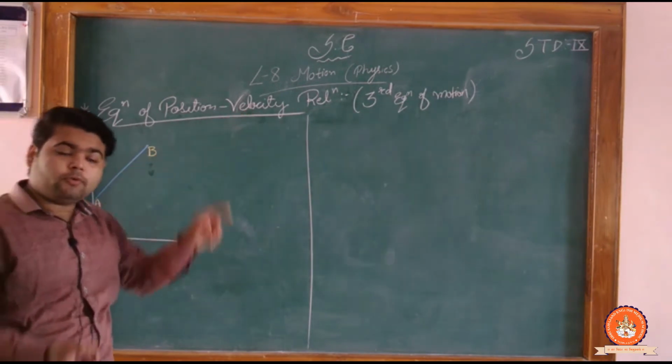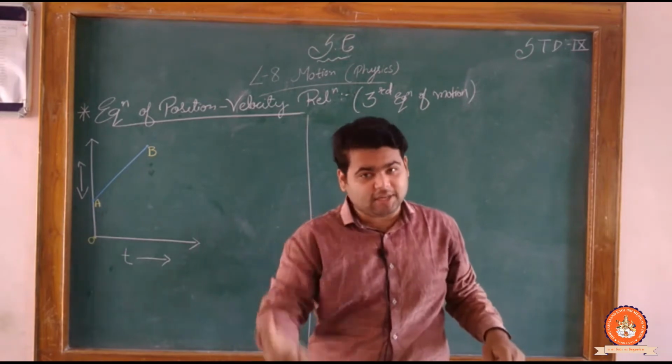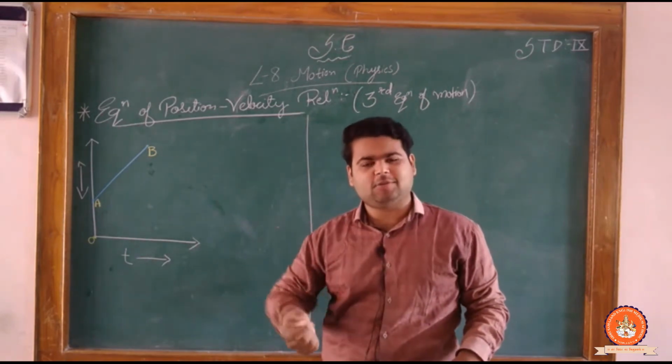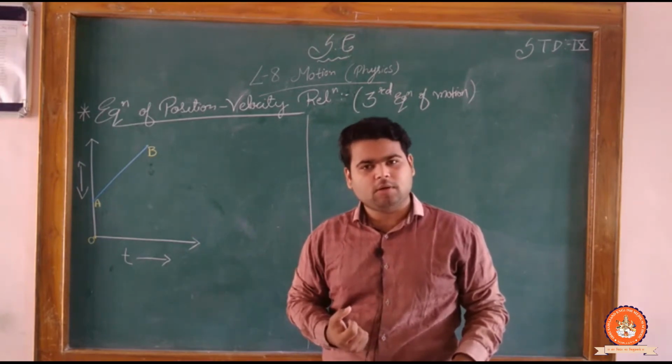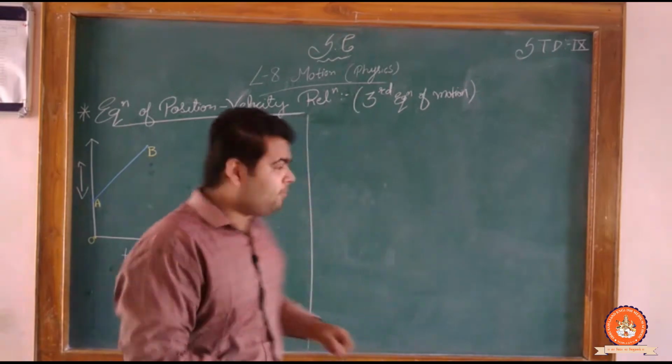Position means the distance, or the displacement. And from the graph, if you want to find the distance or displacement, what do we find? Yes, the area under the graph.